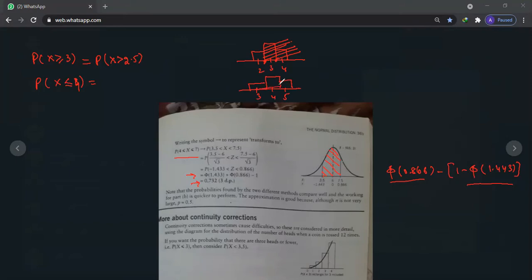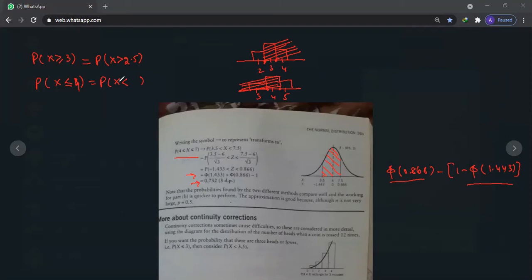These rectangles are included. Now we will write x is less than 3.5 or x is less than 4.5.